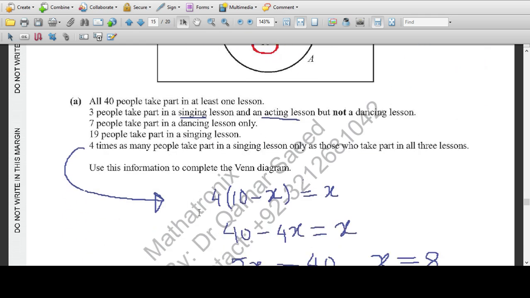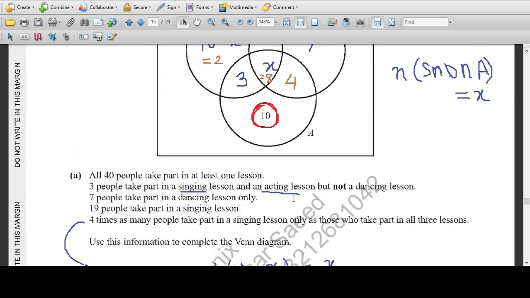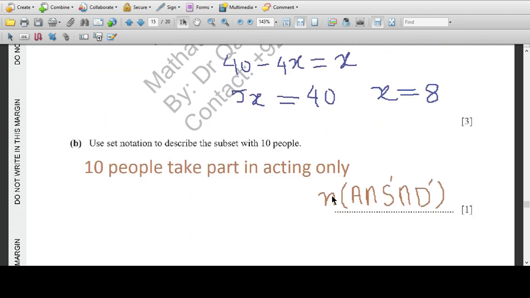That's why we use set notation to describe the subset with these 10 people. This part is written as A intersection S prime intersection D prime.